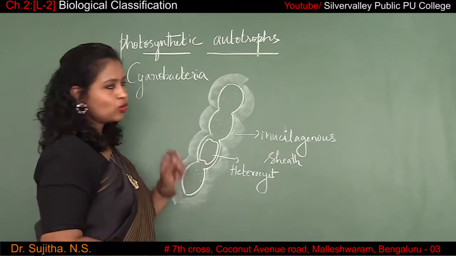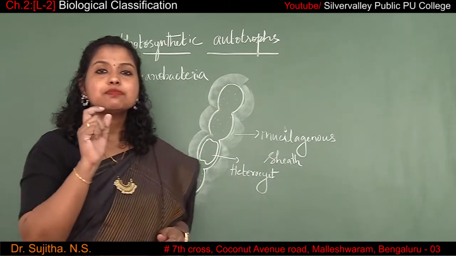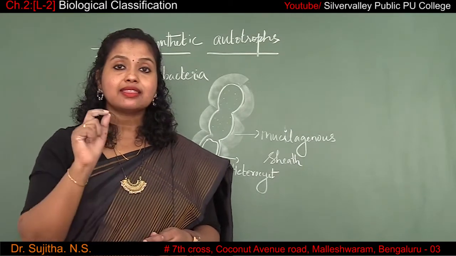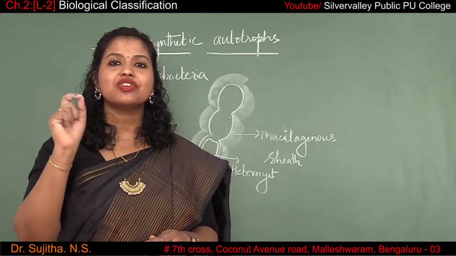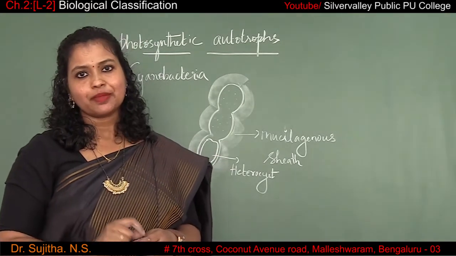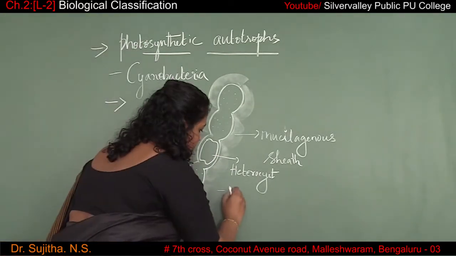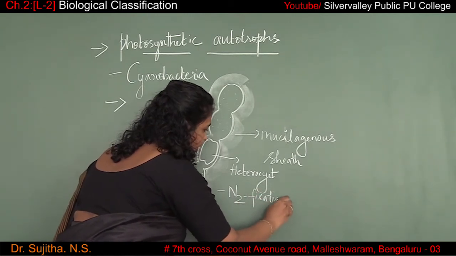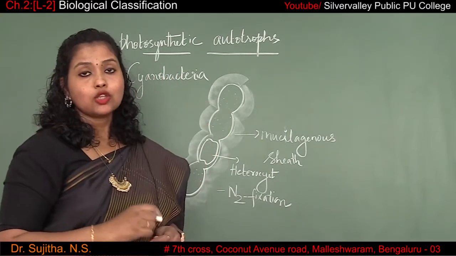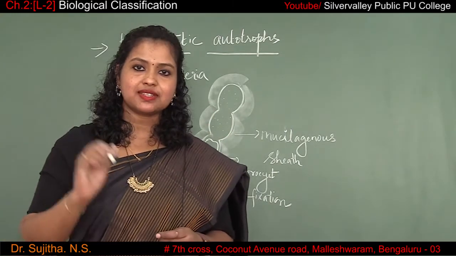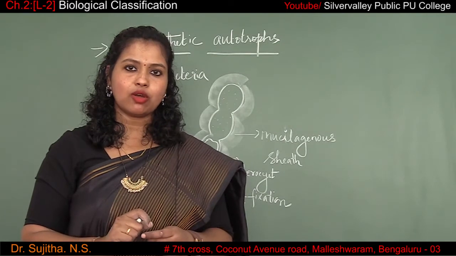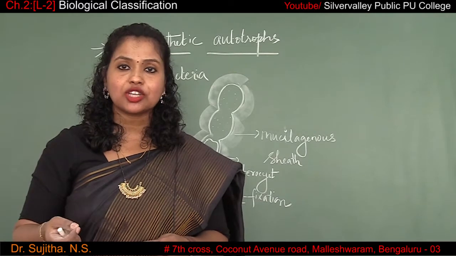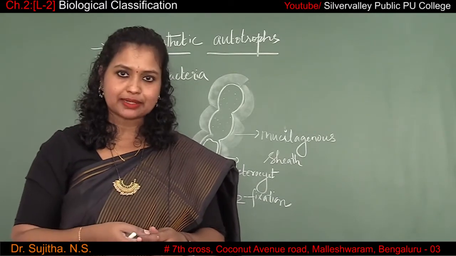Now what is a heterocyst? Heterocyst is a specialized cell which you can find in a cyanobacteria, and this specialized cell helps to fix the atmospheric nitrogen. So the nitrogen fixation is done with the help of this heterocyst. It captures the atmospheric nitrogen molecules and converts them into various forms of nitrogen which are needed for their development.